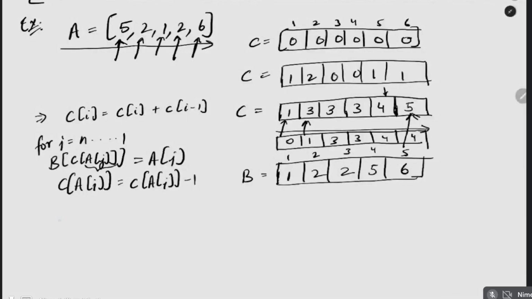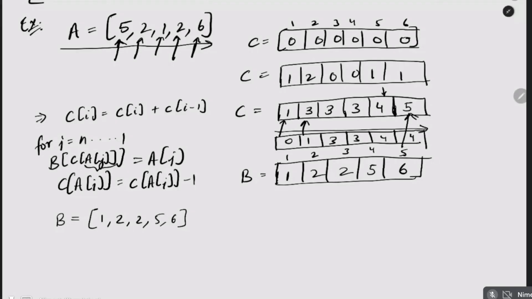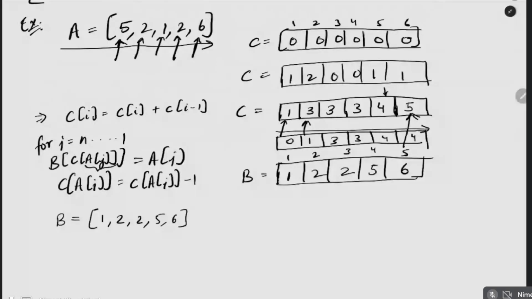So we end up with the sorted array, and we sorted this using only the counts for the individual elements, right?